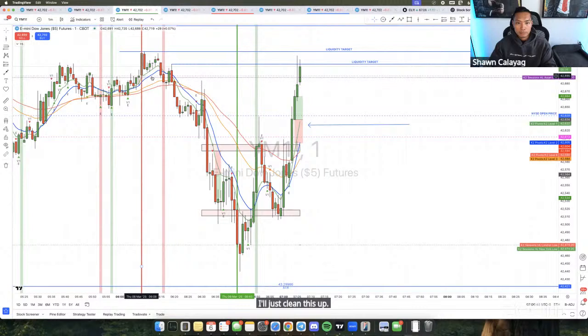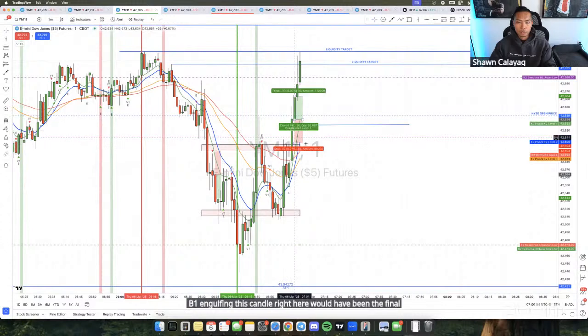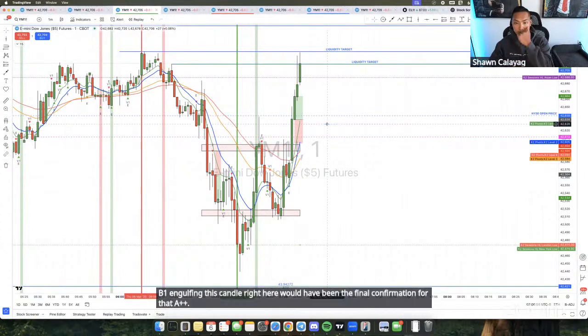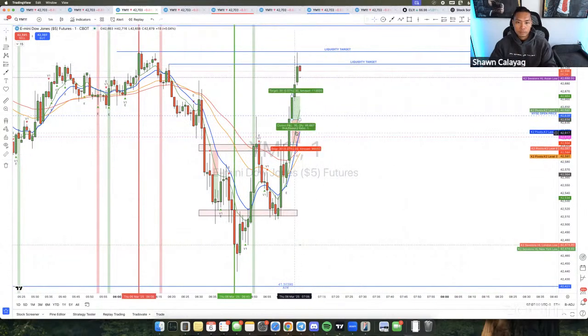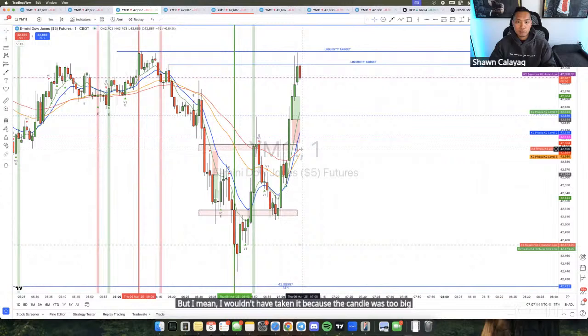So we had price come down from here, V1 variation, MPSV2 is pending, V1 engulfing. This candle right here would have been the final confirmation for that A++. But I wouldn't have taken it because the candle was too big. I wasn't even paying attention to it being MPSV2.